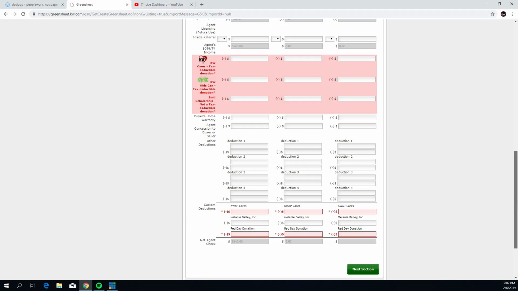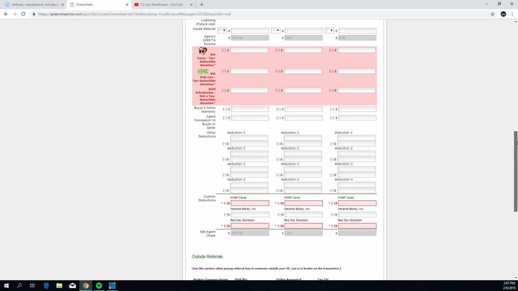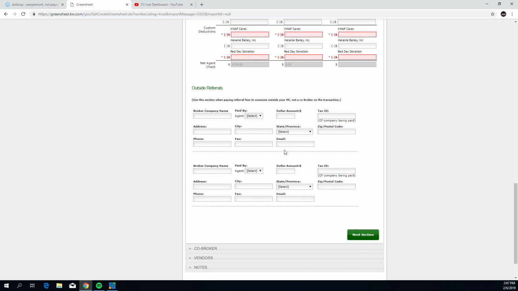The commission would adjust, right? Of course. And then down, see where it says enter referral data for outside referral? You come down here, and that's when it gives you this section. You don't see this section down here unless you have said that there's an outside referral. So that's what I would use for my person.